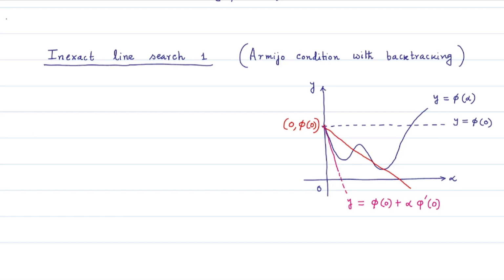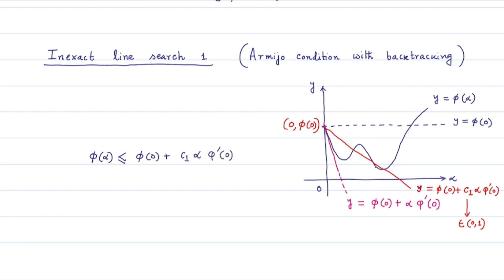That means you choose those alpha values for which phi alpha is less than or equal to phi 0 plus C1 times alpha times phi dash 0, where C1 lies in between 0 and 1.